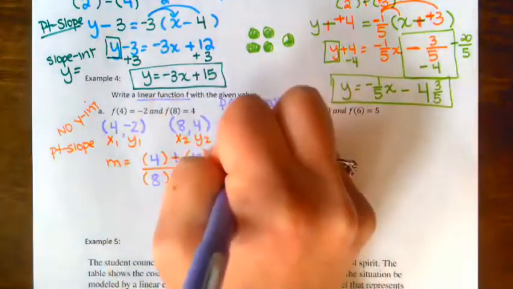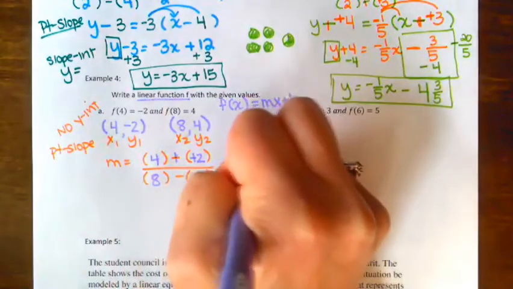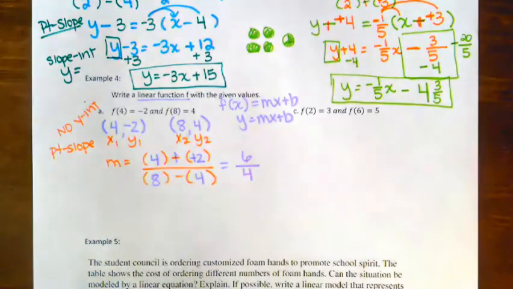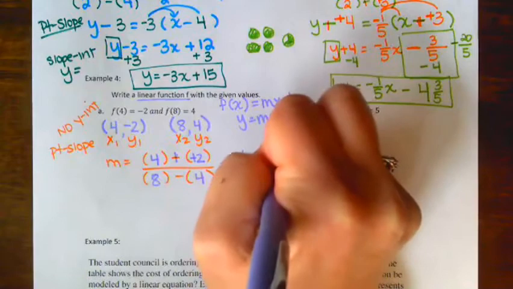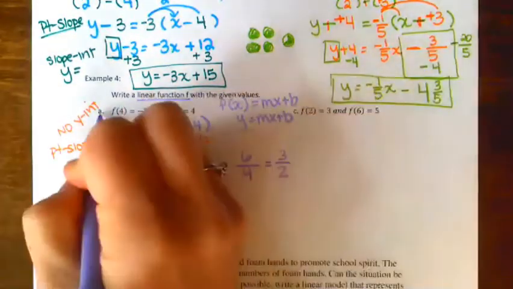So 4 plus 2 is 6. 8 minus 4 is just 4. And 6 over 4, what does that simplify to? 3 over 2.